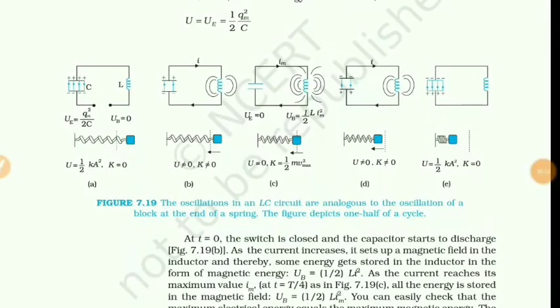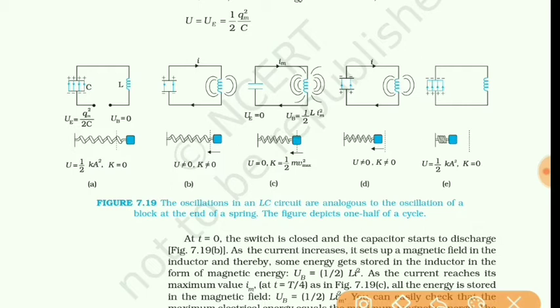Now students, this figure given here is for the purpose of understanding how the charge oscillates between the two plates of a capacitor.